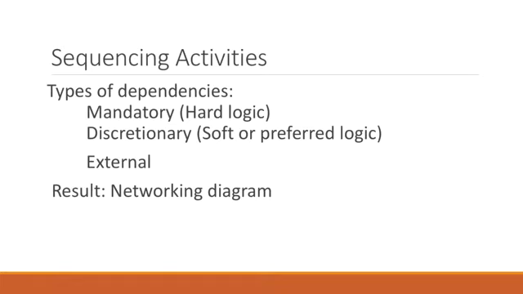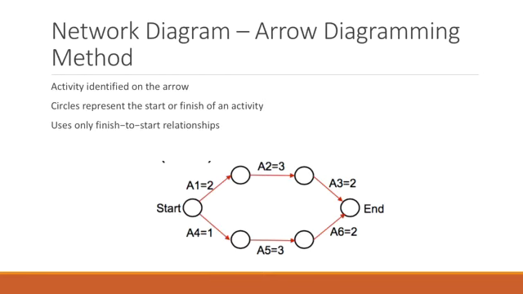The way that we analyze this sequencing process is by using something called the network diagram. The network diagram is an arrow diagram that is supposed to identify the key activities happening within your project.